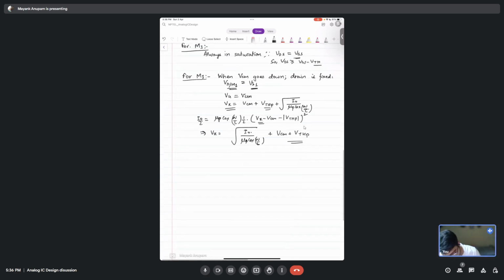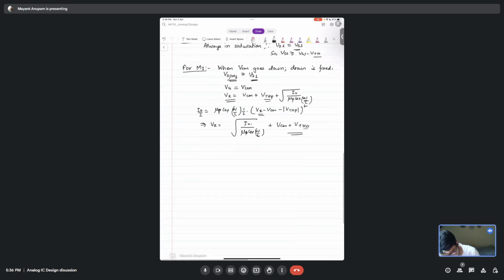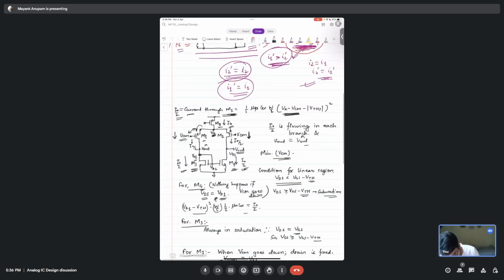VG is VCM. This is right. So now tell me what should happen. What should be the relation? You can clearly see that when VCM is going down here, this drain voltage is not changing, but this source voltage is also decreasing.